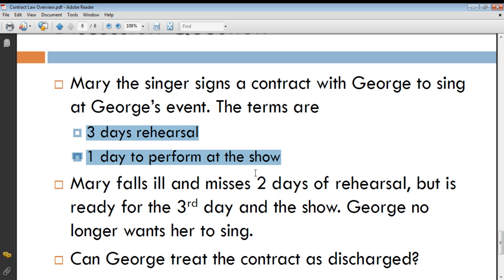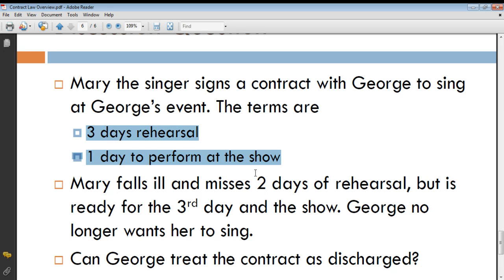We can actually argue that the rehearsal is the less important term. The most important term is the day to perform at the show. We say that the rehearsal is the less important term; by breaching this warranty, she has to pay damages, but the contract will not be discharged. So that's if we consider the 3 days rehearsal to be a warranty.